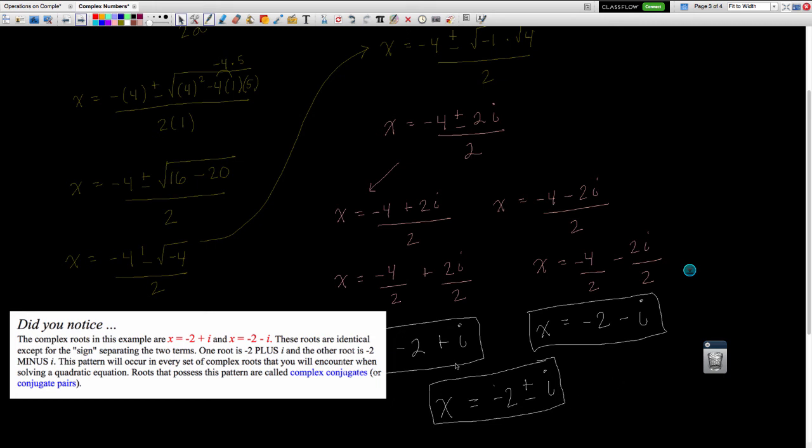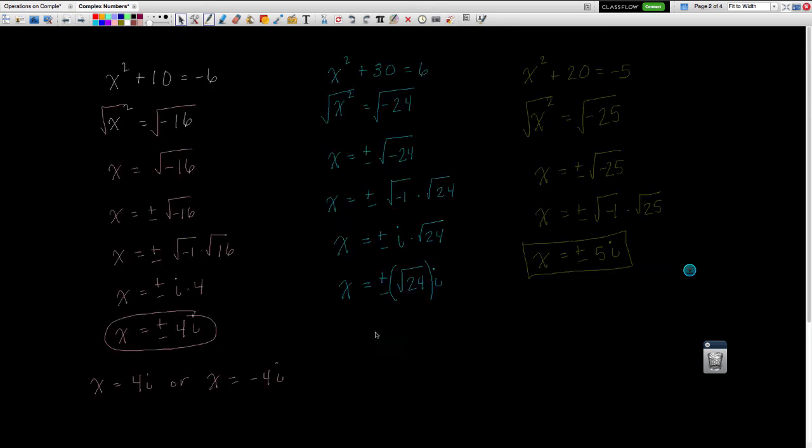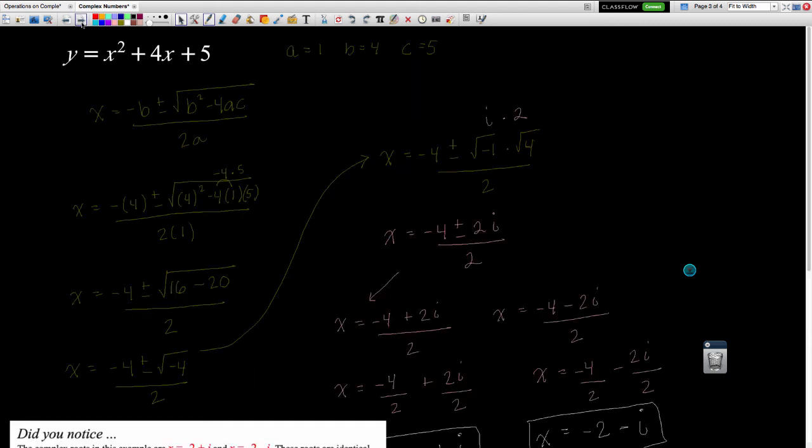This will happen every single time for complex roots when you solve a quadratic equation. And if you go back and look at our previous examples, it was the same there as well. It was x equals positive 5i, x equals negative 5i, x equals positive 4i, x equals negative 4i. It was the same in every single one of them.